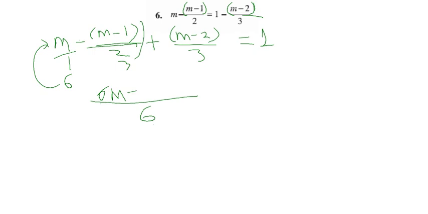So right now we can put 3 in brackets m minus 1. And in the third number, 6 divided by 3 becomes 2, and 2 you have to multiply with the top number, and here is the plus sign. So plus 2 in brackets m minus 2.